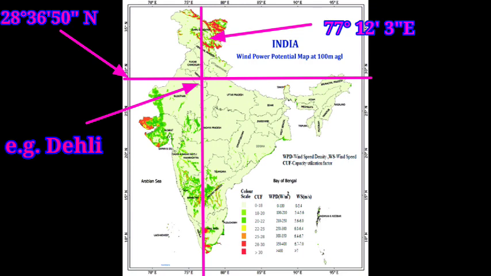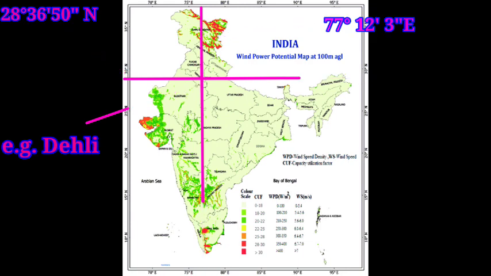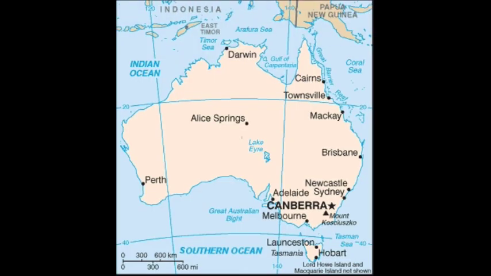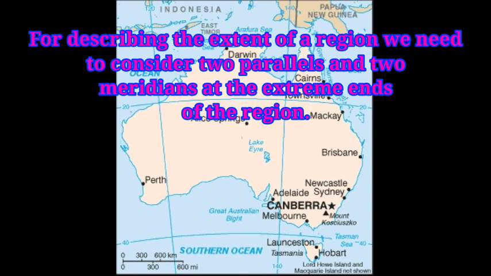So the description is correct. While describing the location of Delhi, we consider only one parallel and one meridian. Second description: for describing the extent of a region, we need to consider two parallels and two meridians at the extreme ends of the region.